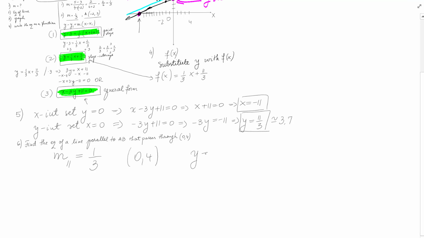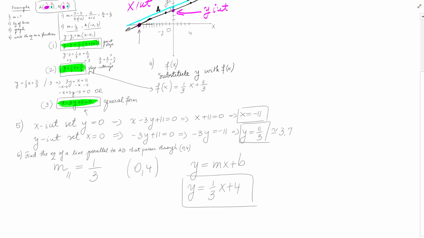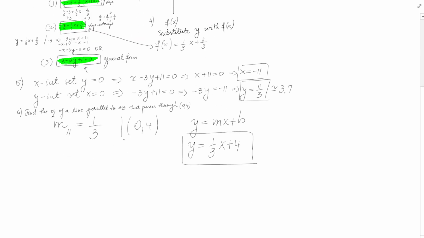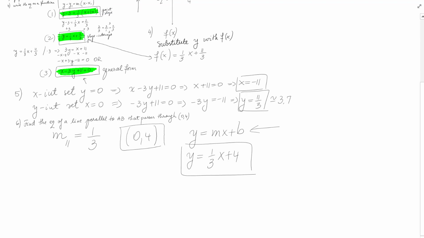So y equals mx plus b would be a contender. So y equals 1/3x plus 4, and we found the equation of this blue line. Just because we had this 0, 4, we were able to use this formula. If it was 1, 4, then we would have had to use the point slope form.